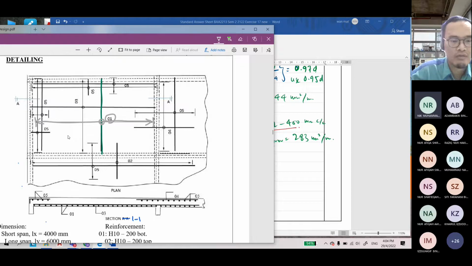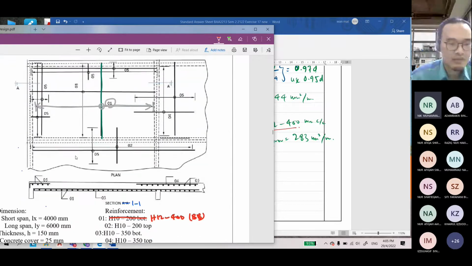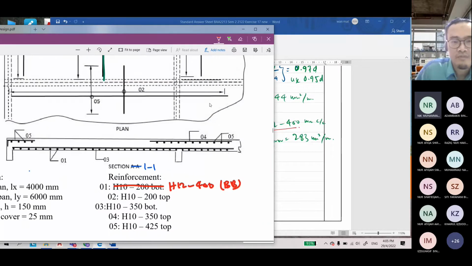So your 01 now is H12-400 BB, bottom of bottom. So this one is the green color. The green color is this one, the bottom part, until the end. The green color reinforcement.